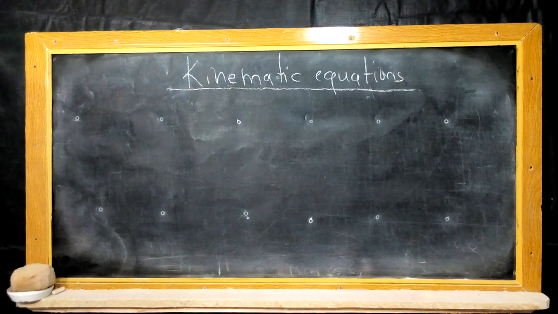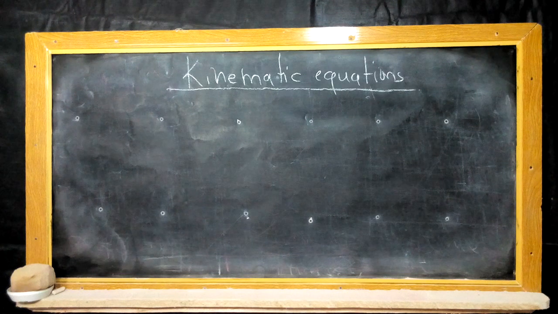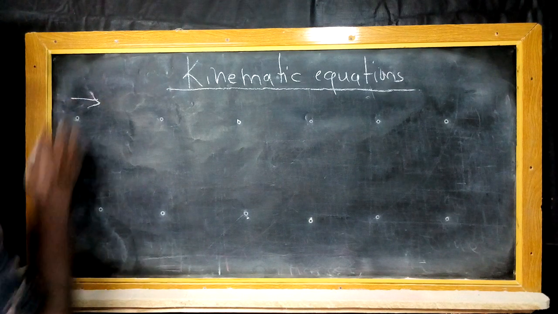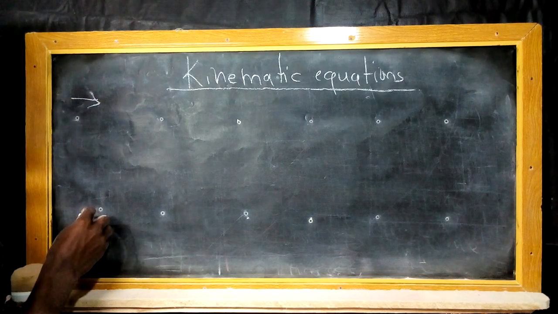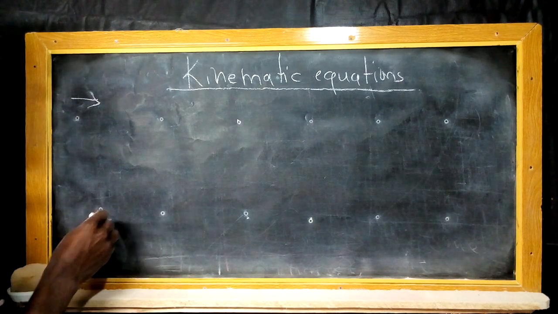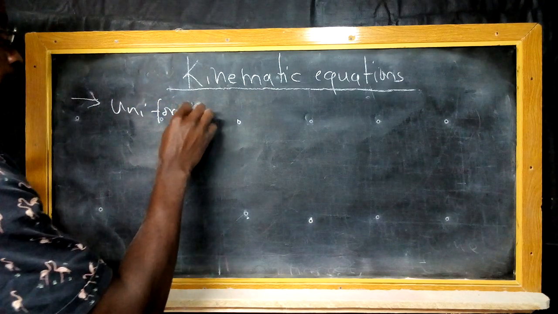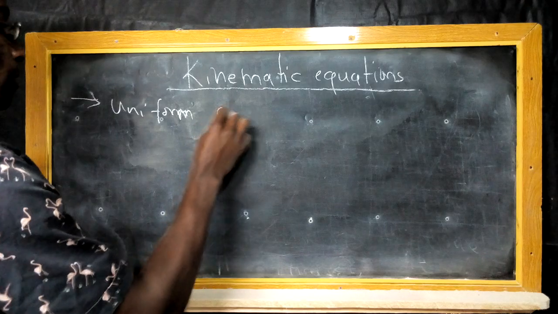So in that case, we have said that we are going to deal specifically with deriving kinematic equations. These equations are going to rely on the concept that all of them are presumed to be derived from the concept of uniform acceleration.